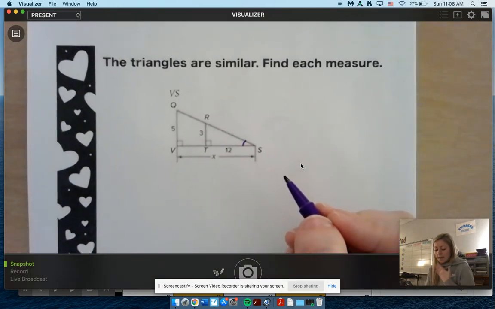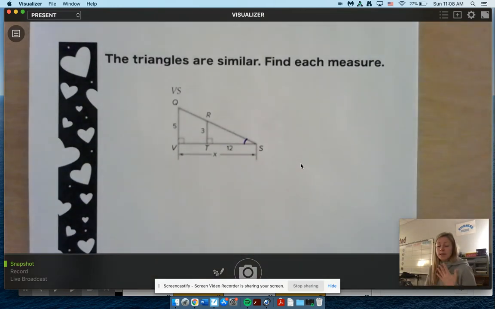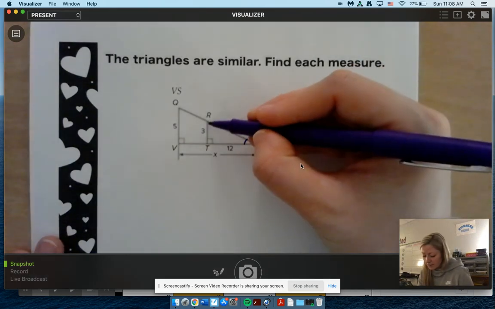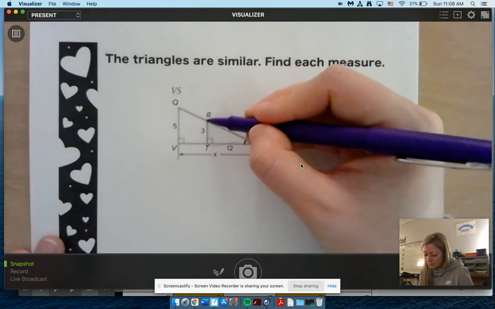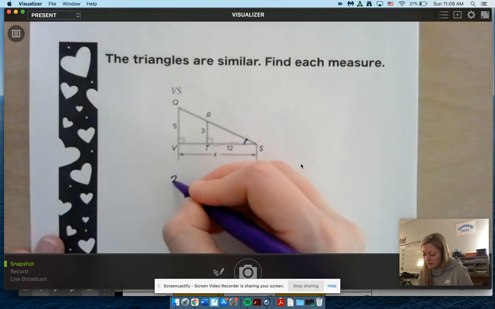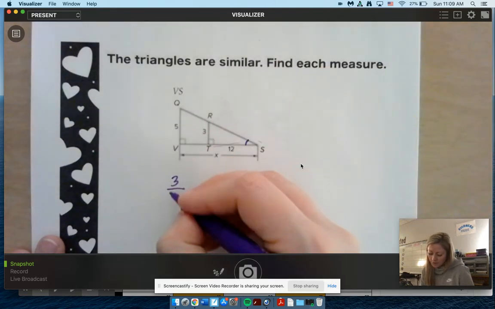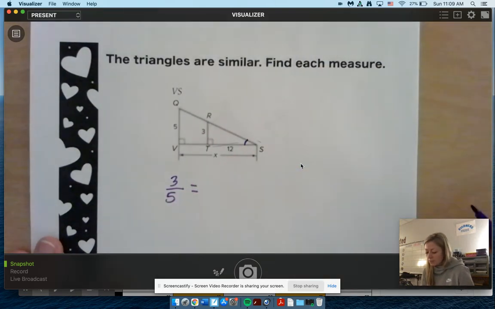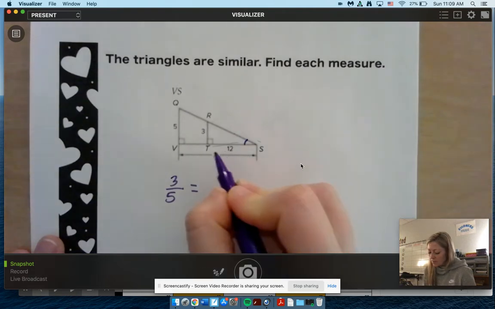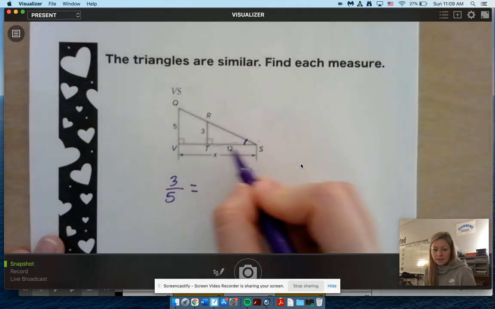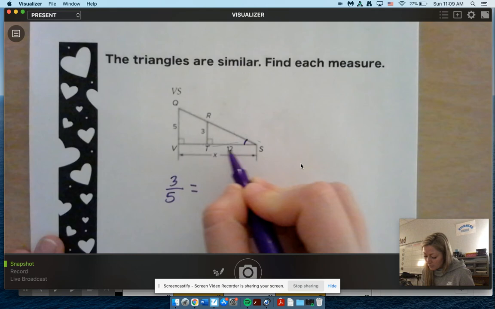So for me, again, I'm just going to pick things that match. I like to start with my smaller triangle because that's just how my brain works. So if I start with this small triangle here, what does RT, so 3, match on the big one? Well, 3 would match 5. So I'm going to have 3 over 5 is equal to, now on my small triangle, I have side ST here, which is 12.